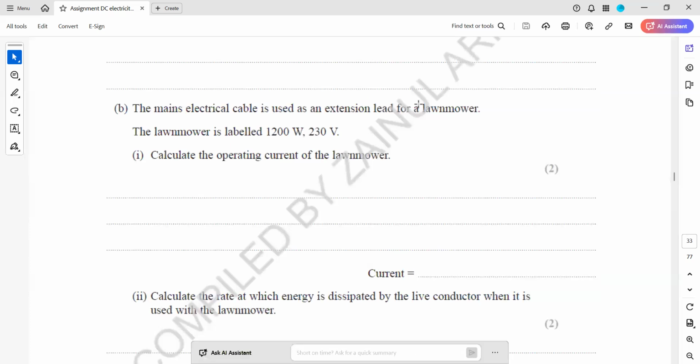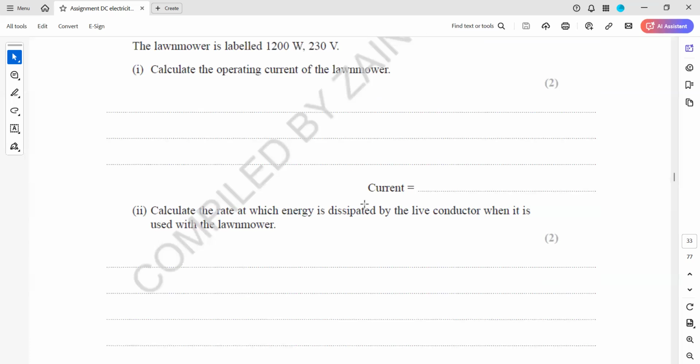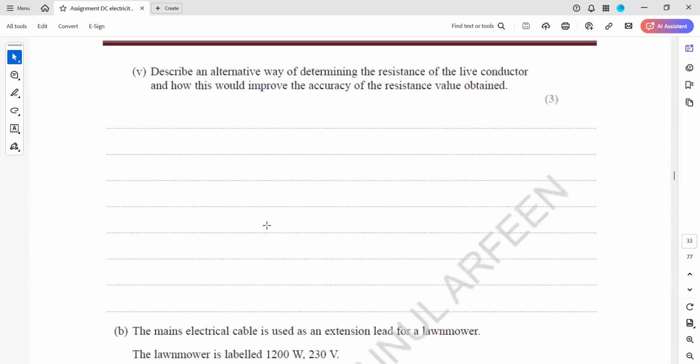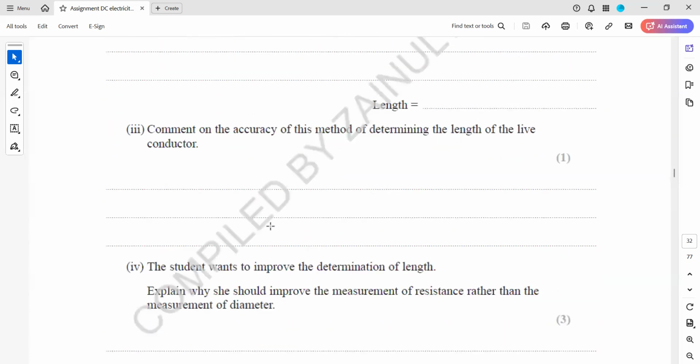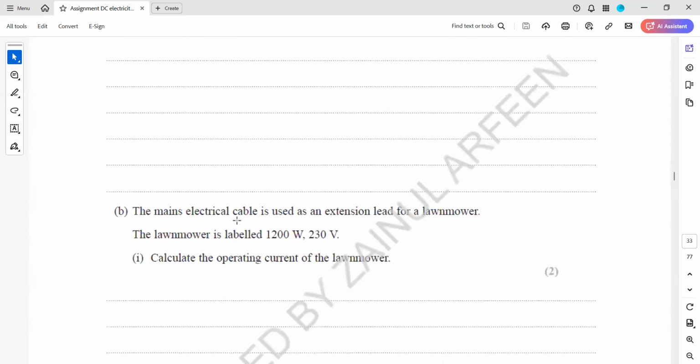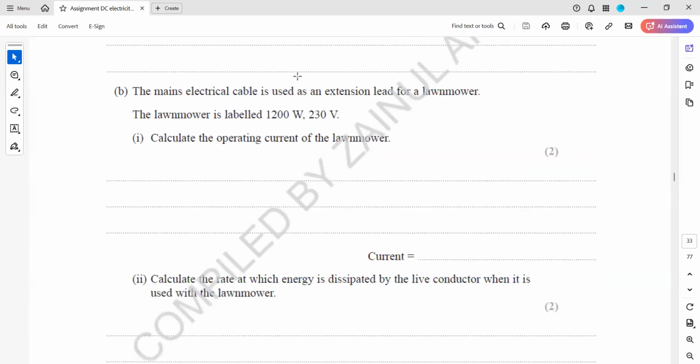As you can see here in the question, the main electric cable is used as an extension lead to the lawn mower.